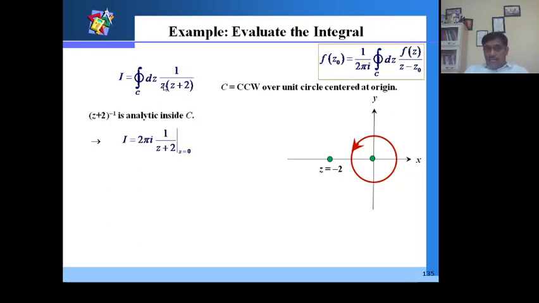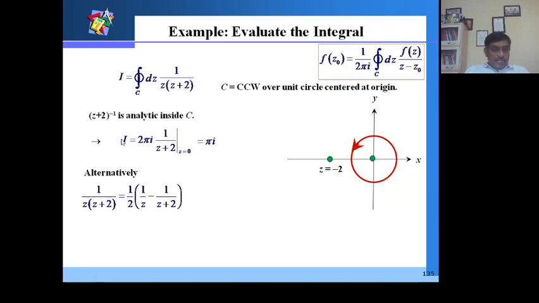Then 1 by z is 1 by z minus 0, and 0 is the point, so we apply 2 pi i times f at z equal to 0, then you get 1 by 2. Then we get pi i.